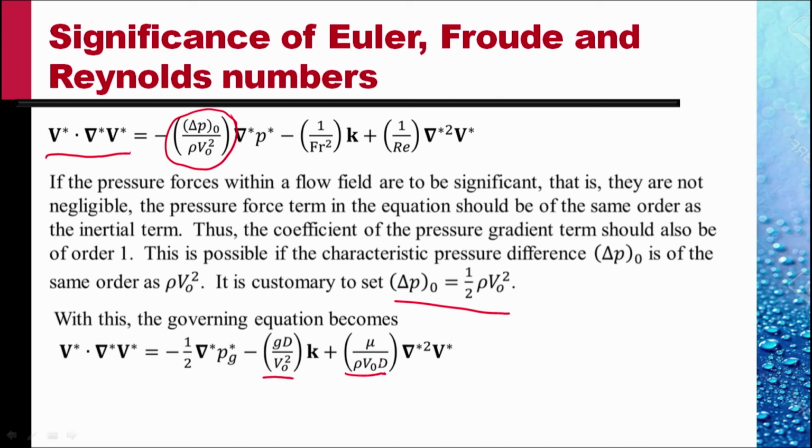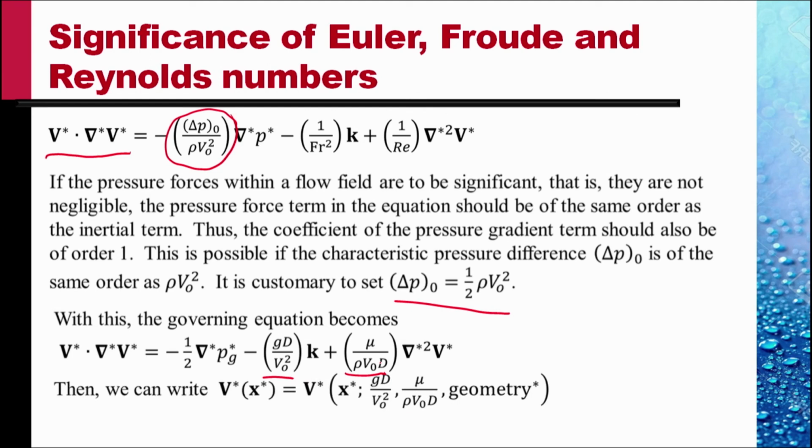The Euler number is no longer relevant. Then we can write V star as a function of x star, the non-dimensional space point, and the parameters g d by v naught square and mu by rho v naught d, and the non-dimensional geometry.